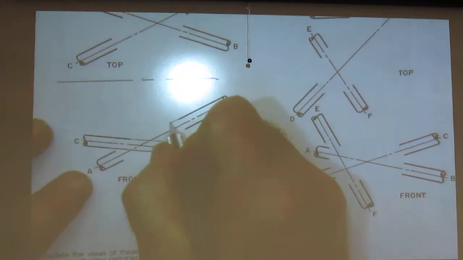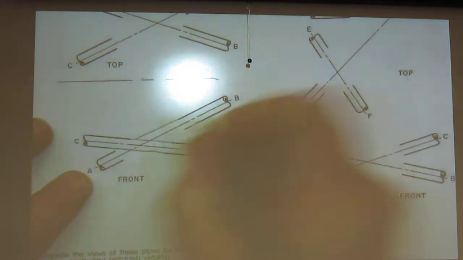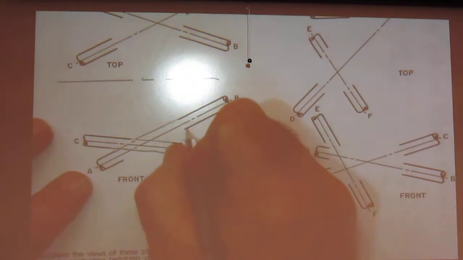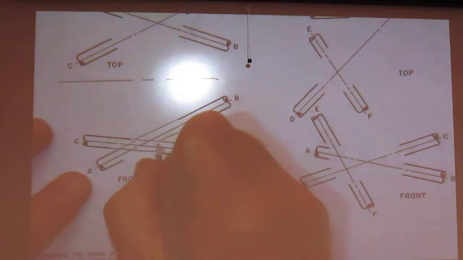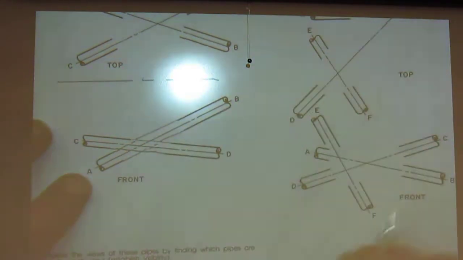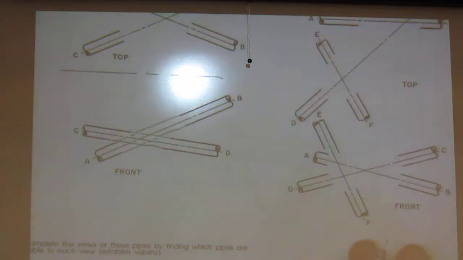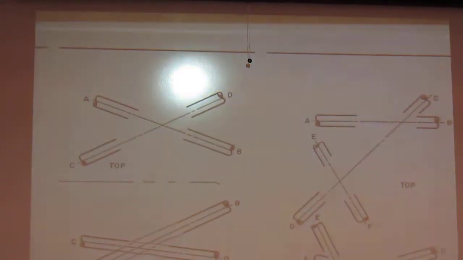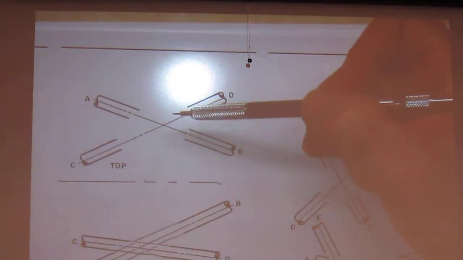So that one's going to come over, and it's then going to go hidden underneath it, like such. So you would just draw those in. You're establishing visibility in each view. So hopefully you don't get this lower part wrong. Then again, establish it in the top view.